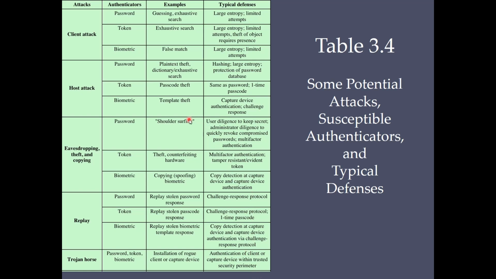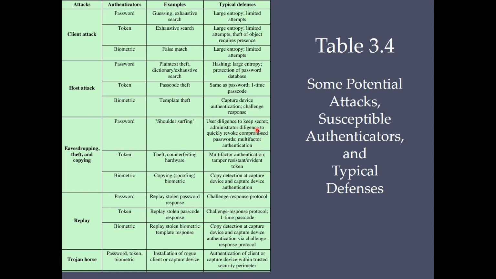Here, one of the eavesdropping attacks for the password is shoulder surfing. When somebody is behind you or near you and seeing the authorized person while entering the password, for example.